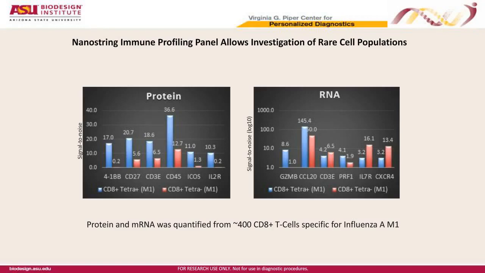In comparison, looking at the RNA profile, also obtained from approximately the same number of antigen-specific T cells, you can see elevated levels, for example, of granzyme B or perforin relative to the non-specific CD8 positive population. And so we can start to do deeper profiling of these antigen-specific T cells from peripheral blood and potentially from other sites.